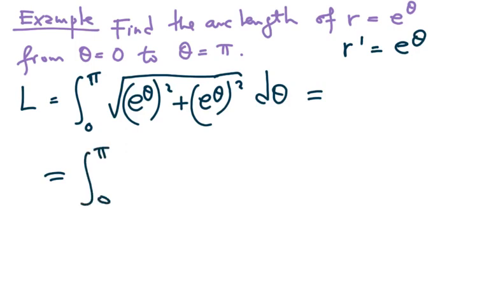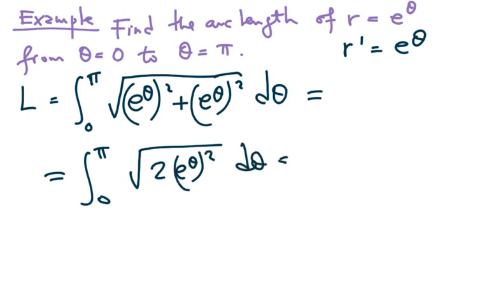In this case it's very simple. So we have that this is the square root of 2 times this squared, and the algebra here is just separating the square root of each of these things. This is the integral of square root of 2 e to the theta.